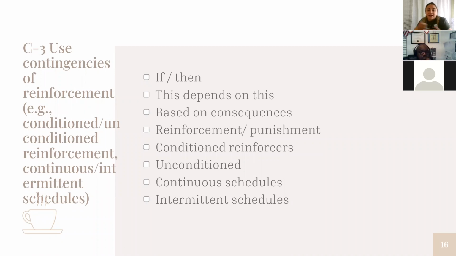The child might not have ever thought that this token board was reinforcing, but then he learned the contingency, that if I get these 5 tokens, this lady's going to give me an M&M. So now those reinforcers have become conditioned, versus like food and all of the things that you naturally need. Those are unconditioned. You didn't have to learn to like those things. They're just something that you need as a human. Right, unconditioned.